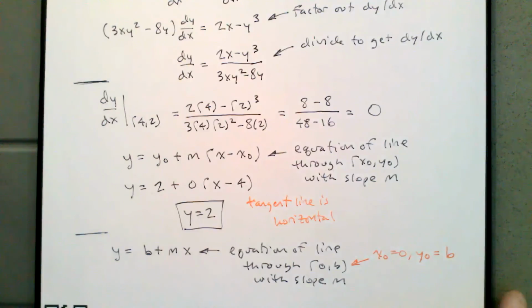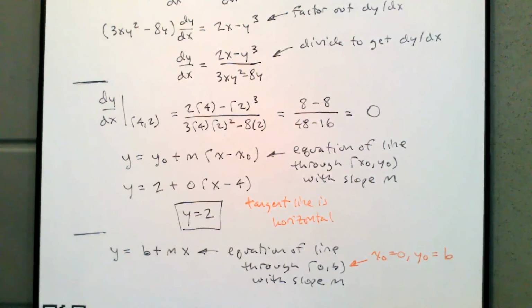And is that why you were able to represent x as 0? Because you're just shifting the x? Where am I saying x is 0? y equals 2 plus 0 times x minus 4. I'm not saying x is 0, I'm saying m is 0.